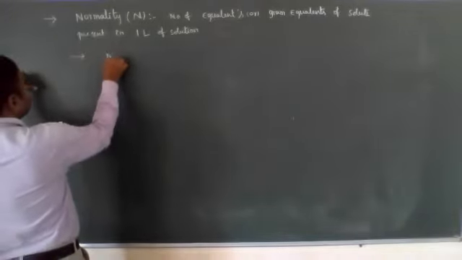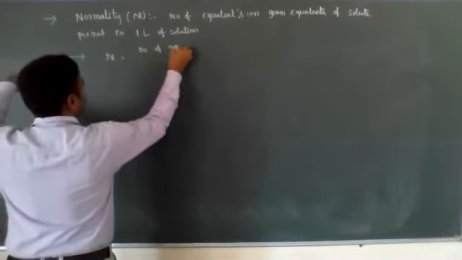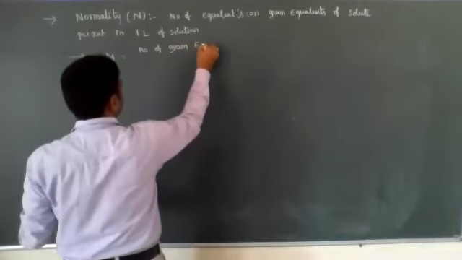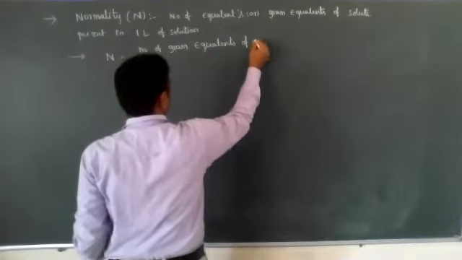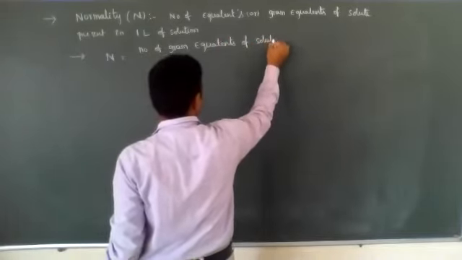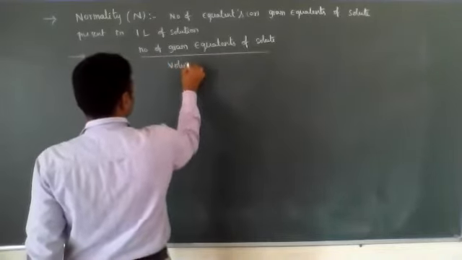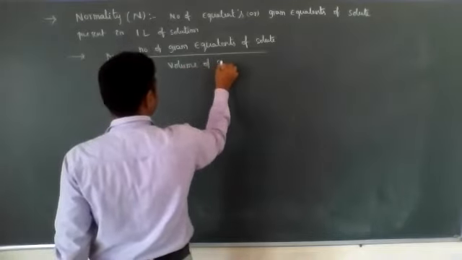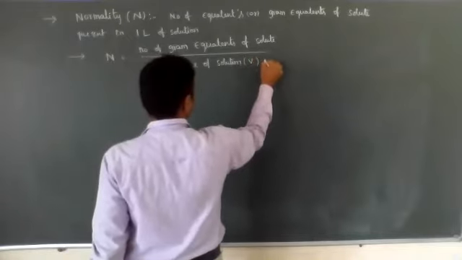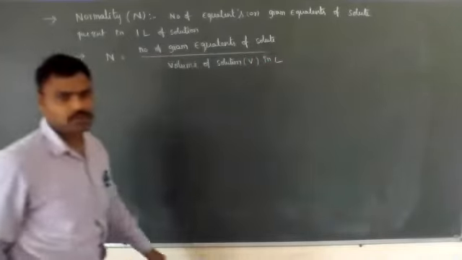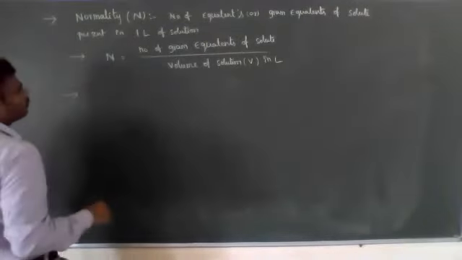So according to that, normality is equal to number of gram equivalents of solute by volume of solution in liters.